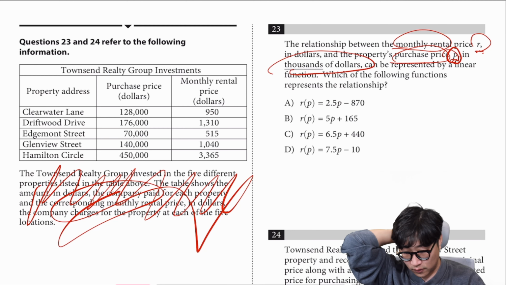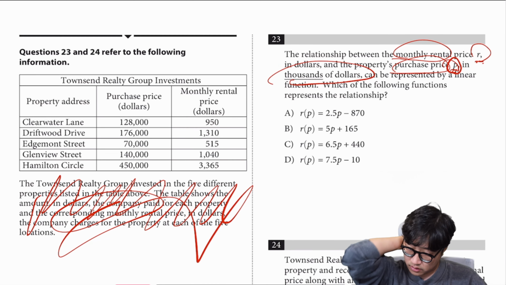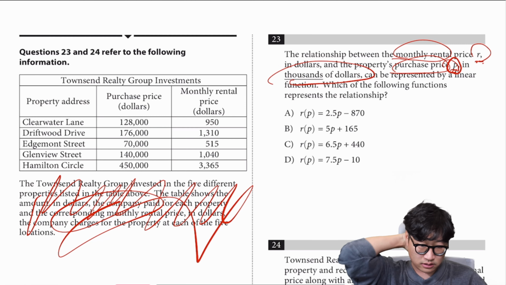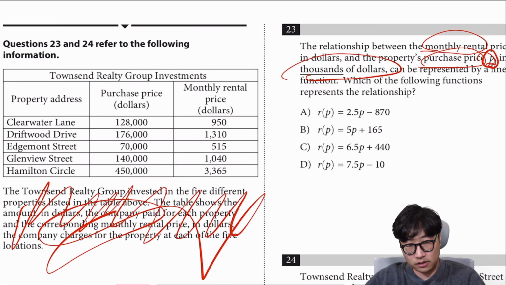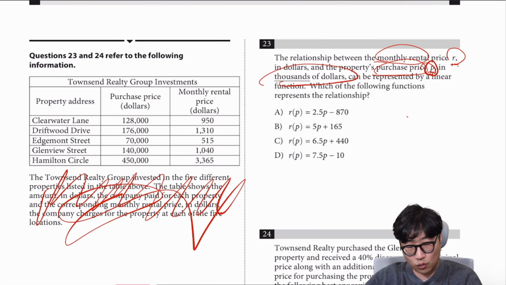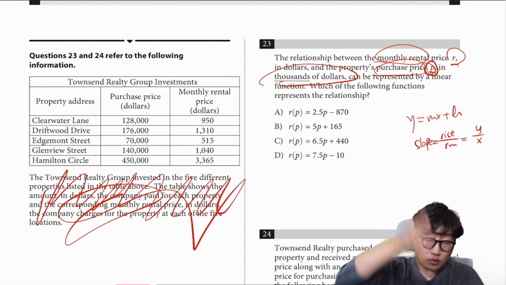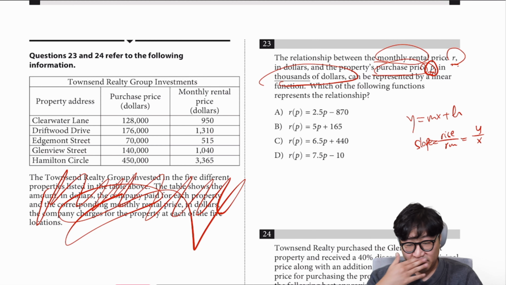So linear function. First of all, let's just grab any two of the properties and figure out the slope. Notice y is equal to mx plus b, where slope is rise over run, which is y over x, because rise is y and run is x, right? In this case, I have R is equal to mP plus b.